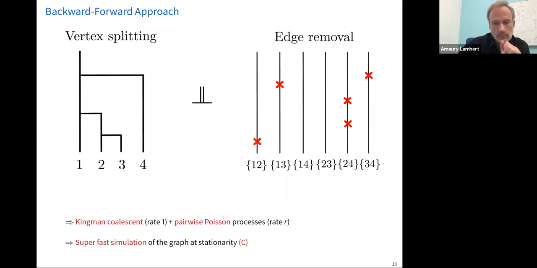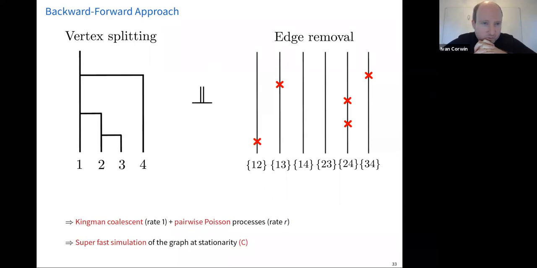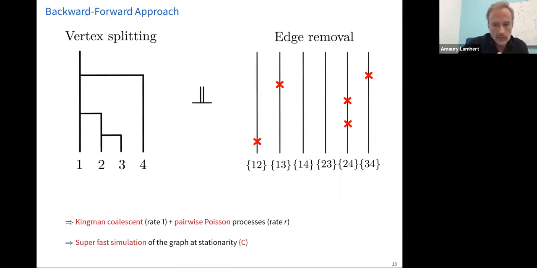Okay. So every edge disappears at rate R. The 2-3 connection remains, but the 1-2 doesn't, I guess. Right. Exactly, the 1-2 doesn't, and the 1-3 does. Because the red cross here is upstream of the coalescence time between 1 and 3.